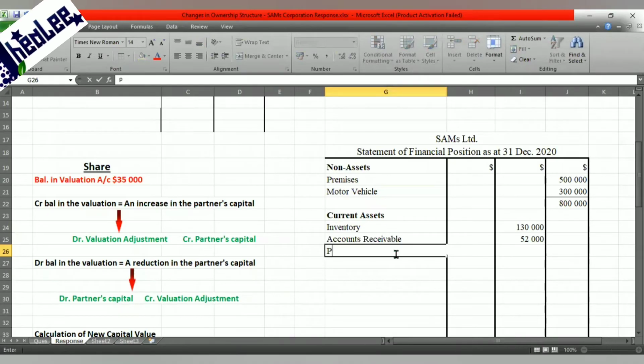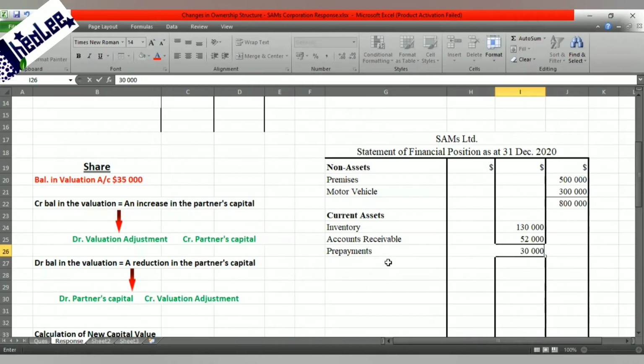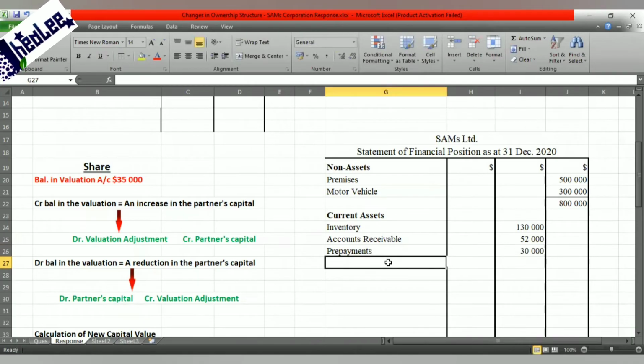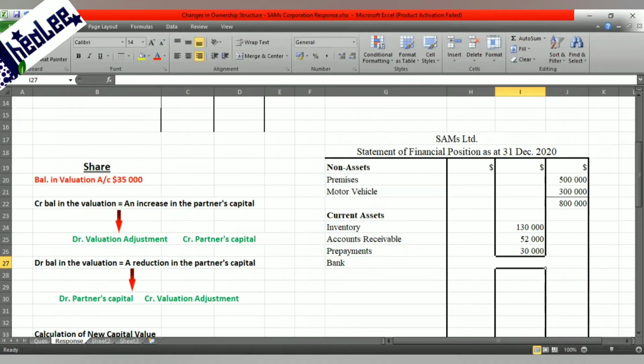Next, we have prepayments, and the prepayment value is 30,000. That had remained at the same value of the book value. Bank, remember what we're doing is picking up the new values. We're working with the fair values. That's what you're using to do the opening balance sheet.